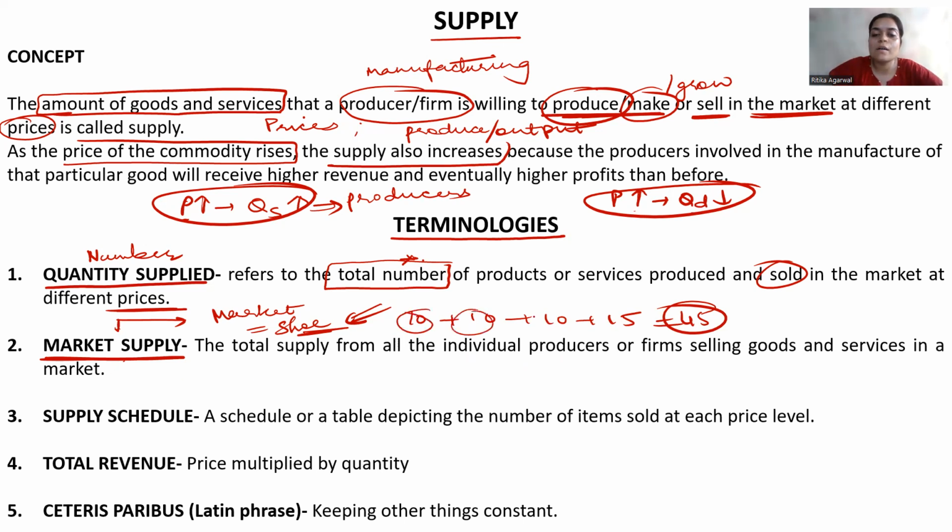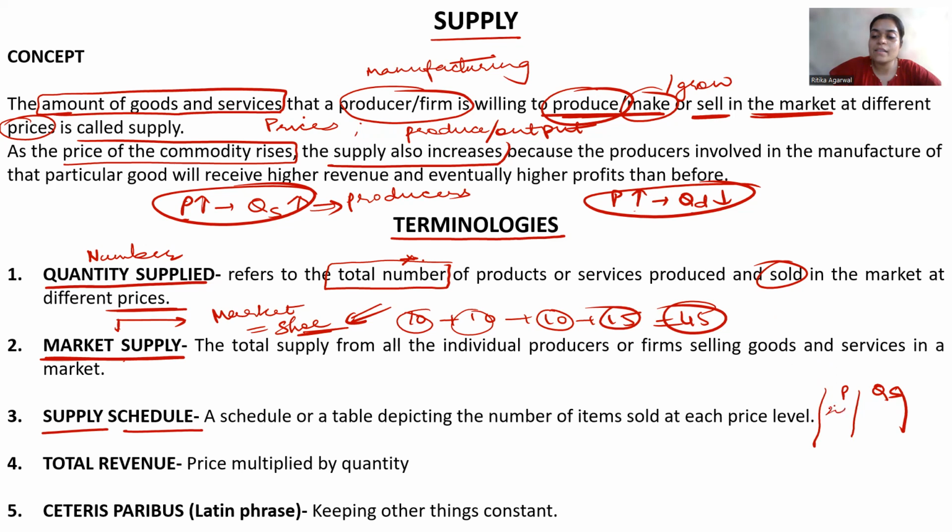We horizontally sum these number of commodities when we talk about quantity supplied in the market, and this leads to market supply. Next we have the supply schedule. Supply schedule is like the demand schedule: a table that shows the price and the quantity supplied. There we had price and quantity demanded. Here we will have price and quantity supplied.